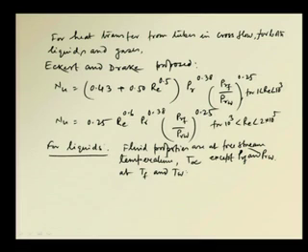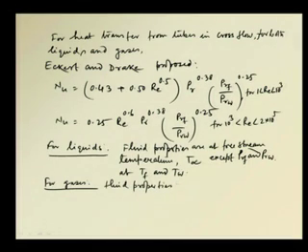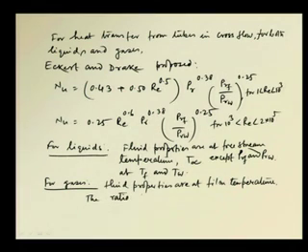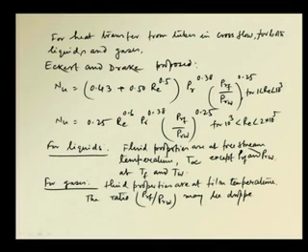And for gases, fluid properties are at film temperature, then the Prandtl ratio, Pr_F by Pr_W, may be dropped or assumed to be 1.